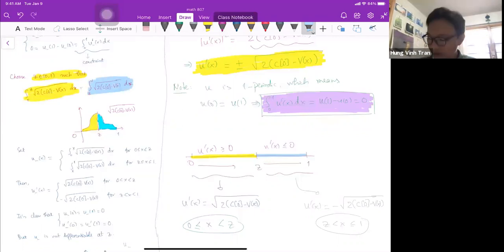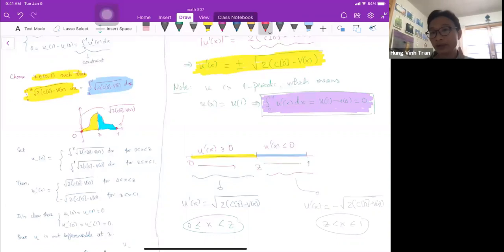The graphical picture is that you have the function root of 2 times c naught minus v, and this function obtains its minimum at 0 and 1. So this function is equal to 0 at 0 and 1, and because the function only has one minimum at 0 and 1, it's increasing and then decreasing. And then we choose z to be that splitting point.